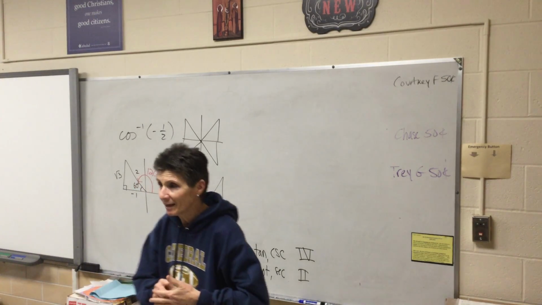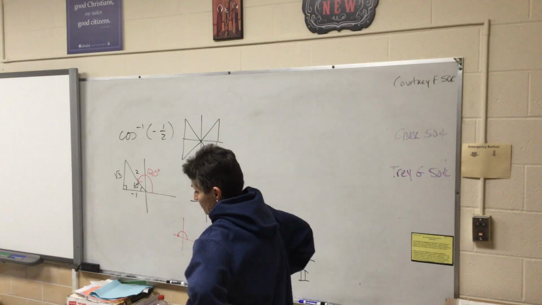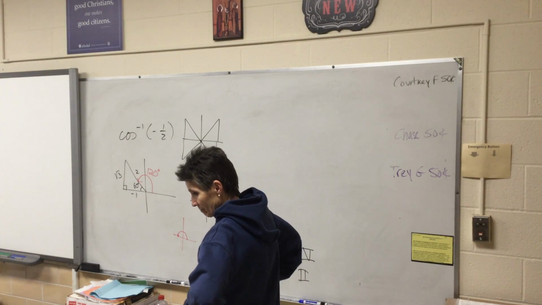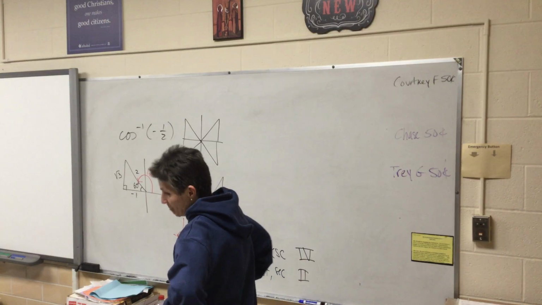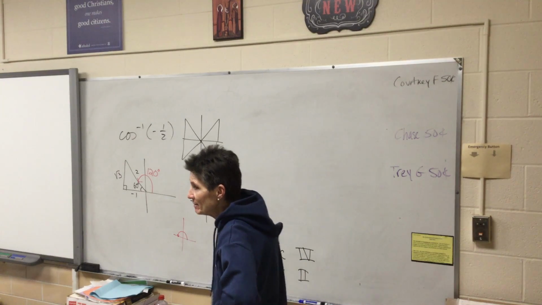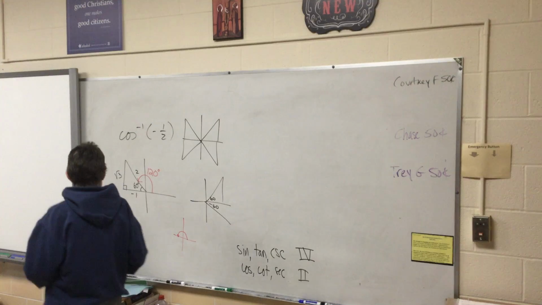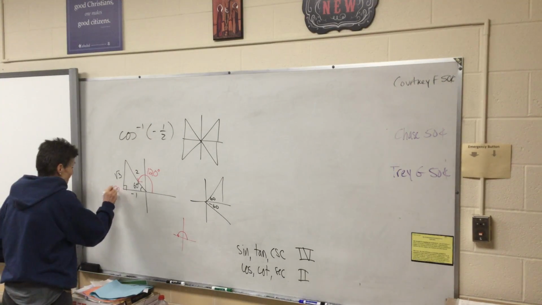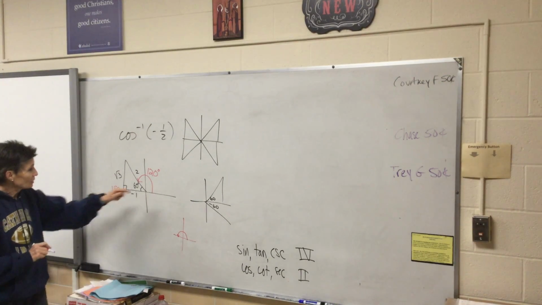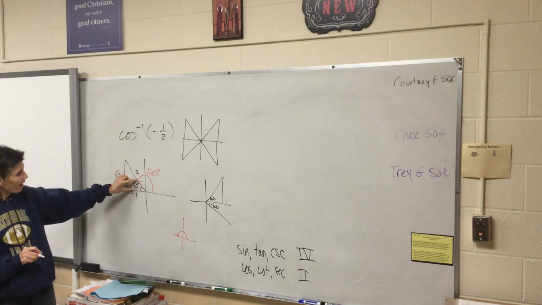How did we settle on 120? Because 120 plus 60 equals 180. There you go, my friend. That's it exactly. We know that this is 180 over here, but we didn't go that far. We stopped with 60 to go.